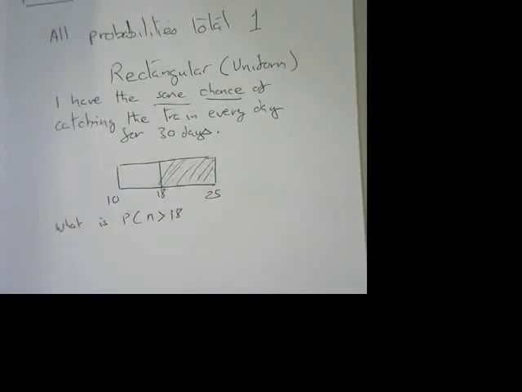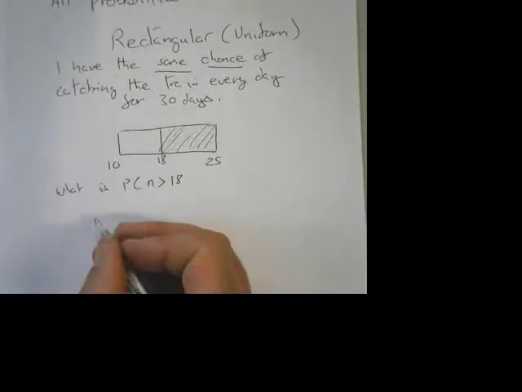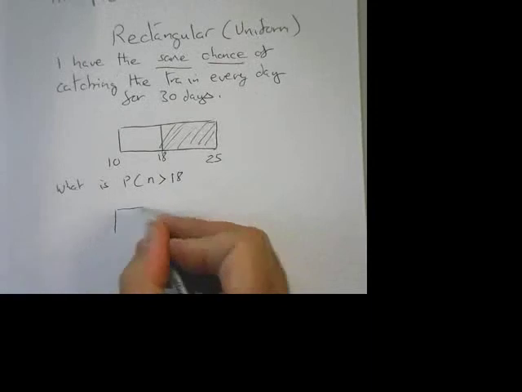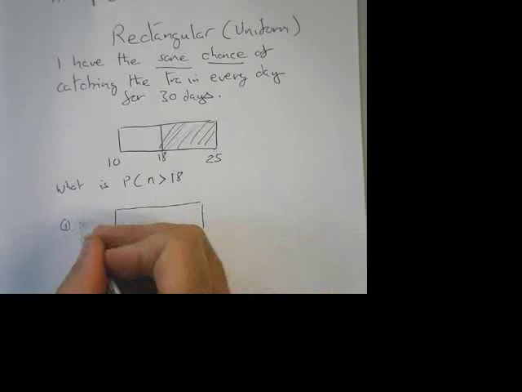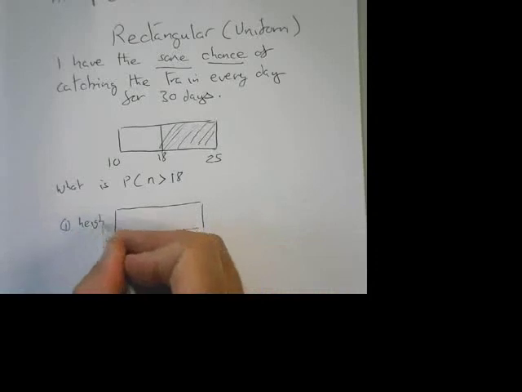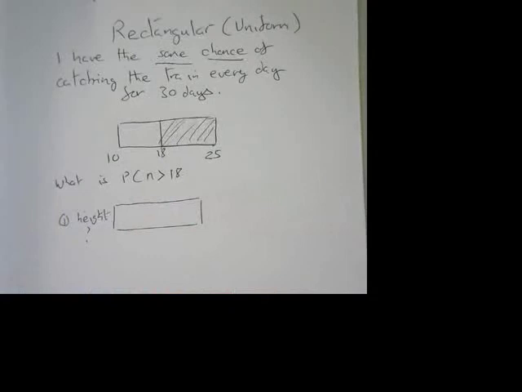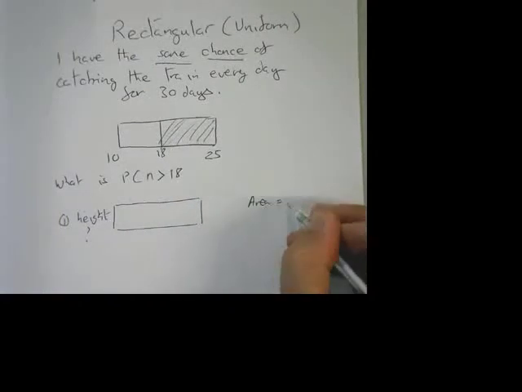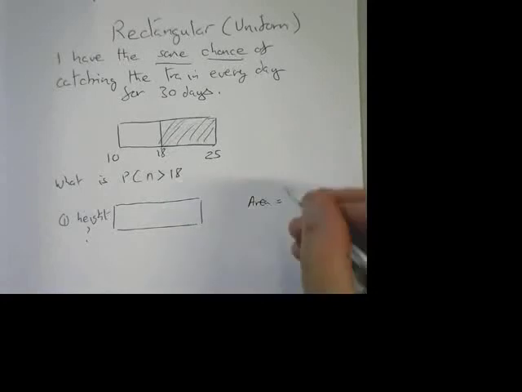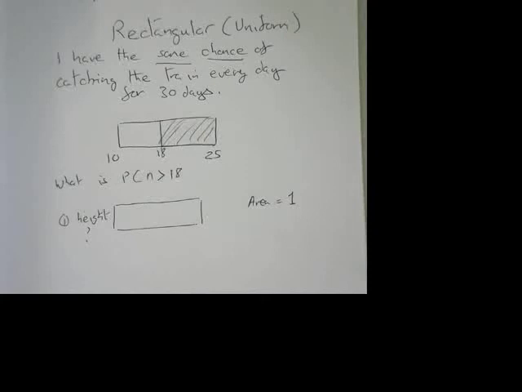Now what I do to solve this problem, first of all, is I've got a rectangle. So step one, what is the height? How do I work out the height of the rectangle? Well, we know that the area is what? 1. Because all probabilities total 1, don't they? Okay? So the area, all of it, is 1.